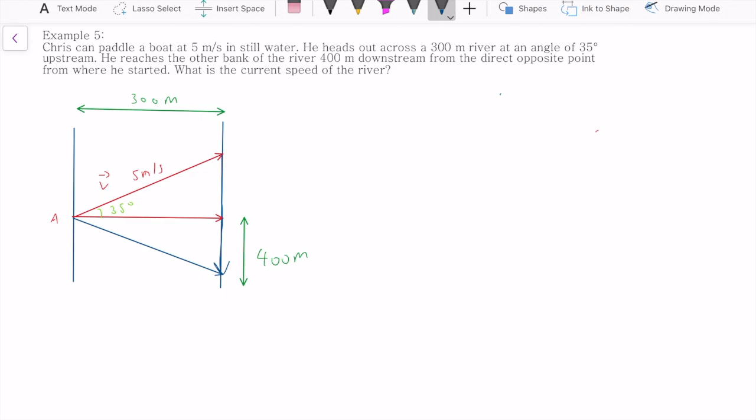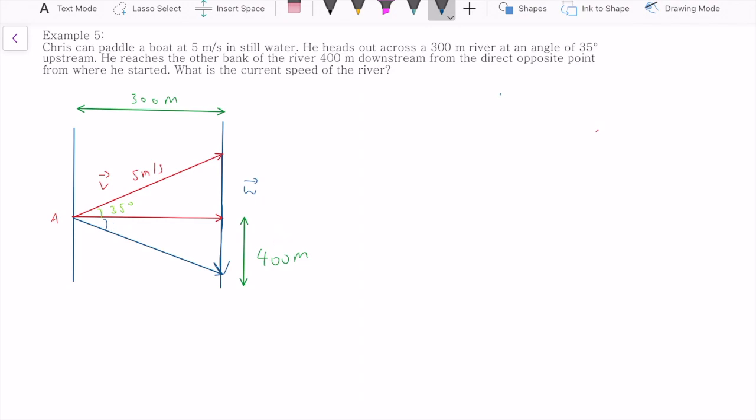Time to piece together the question. So first off, we want to find this angle right here. And we can find that. We have 300 meters, which is the horizontal component, and we have the vertical component, which is 400 meters.